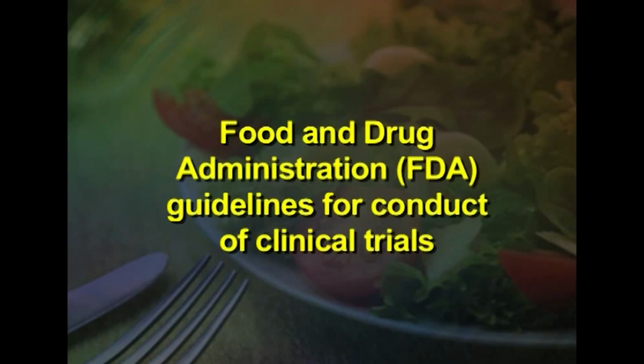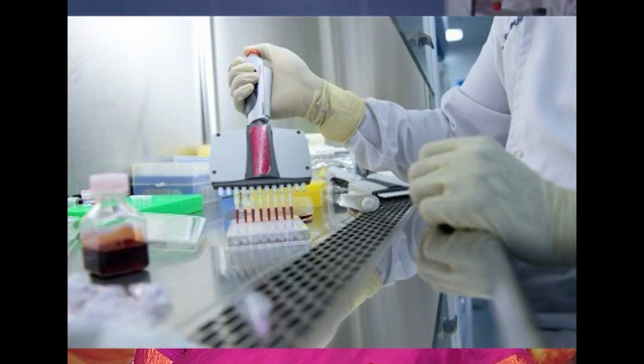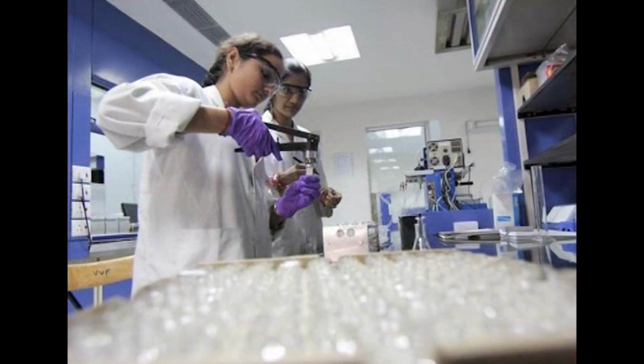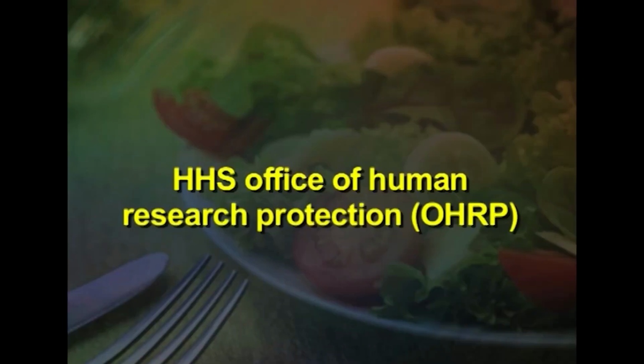Now we will discuss Food and Drug Administration guidelines for conduct of clinical trials. This provides FDA policies, provides leadership and direction, contributes to international good clinical practice harmonization activities, plans and conducts training and outreach programs. It serves as a liaison with the HHS Office of Human Research Protection and other federal agencies and external stakeholders committed to the protection of human research participants.